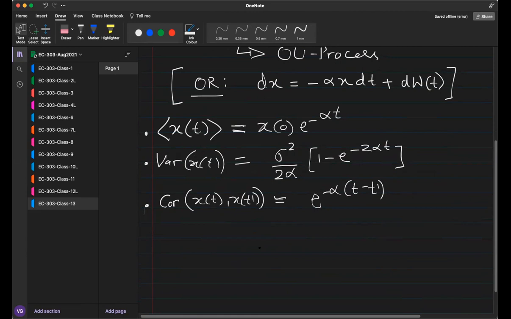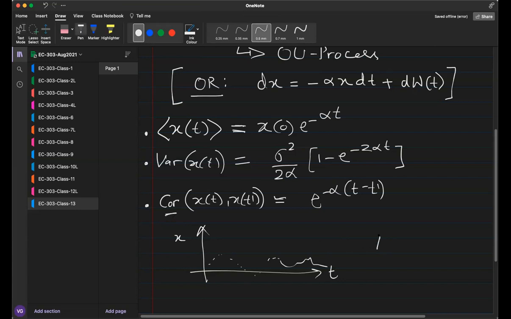Now, how do we make connections between real data and this model? For example, if you have a time series of the state variable, or the perturbation from the state variable, with time, and then it follows some trajectory with lots of stochasticity, one of the first things you would do is to compute this correlation function.